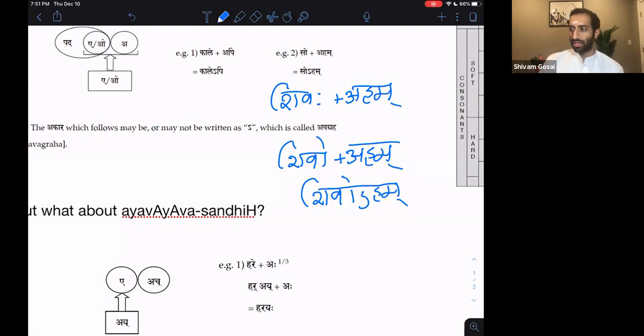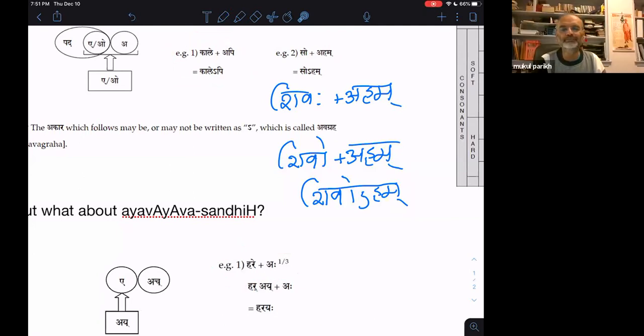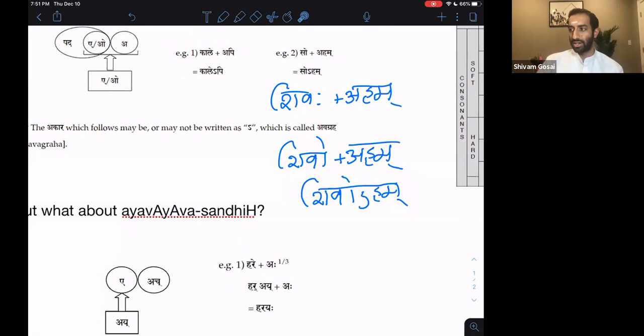Are you talking about the difference between this and this? Here, kale is a full noun: kala plus the 7-1 suffix. Here, this is just the pratipadika, hari, then it becomes hare, and then this is the suffix.